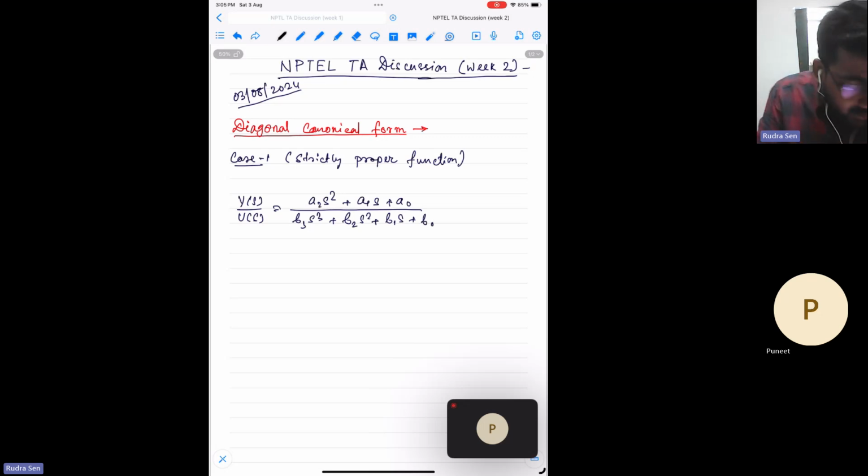First of all, we can get this diagonal canonical form only when the denominator has distinct roots.